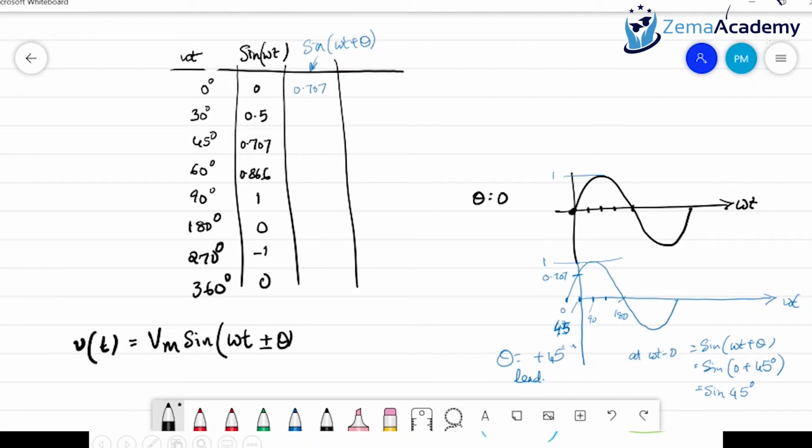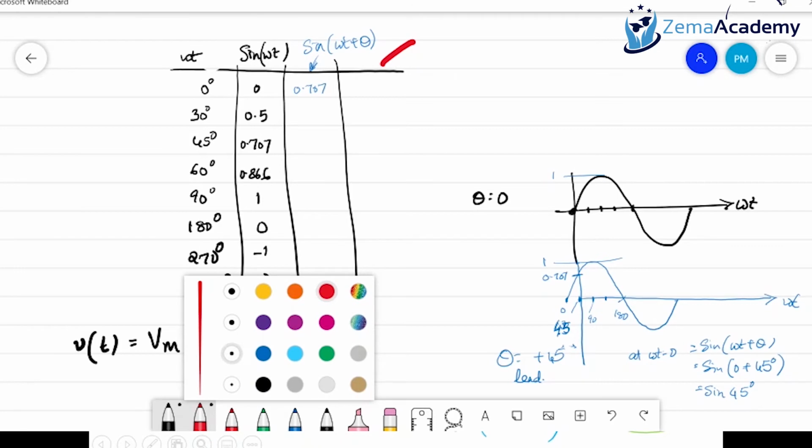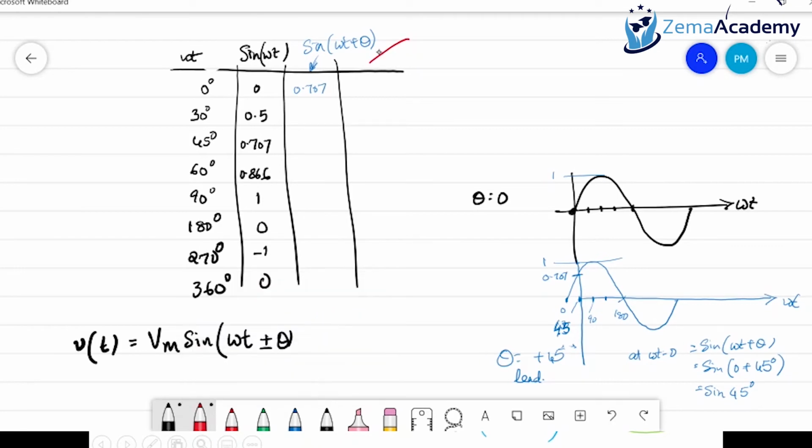That's what we're doing. When I do sine omega t minus theta, I'll use the same sine omega t minus theta for this blue waveform that we have drawn here and see what value you get.